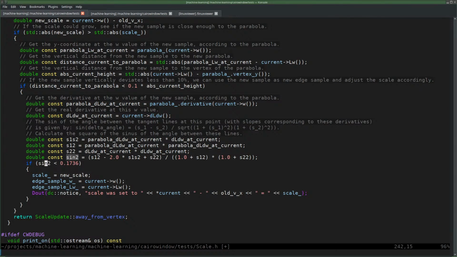Wait a minute, it's a square. I've got to square this thing. Whoops. Square 0.03. Oh, okay. 0.3.